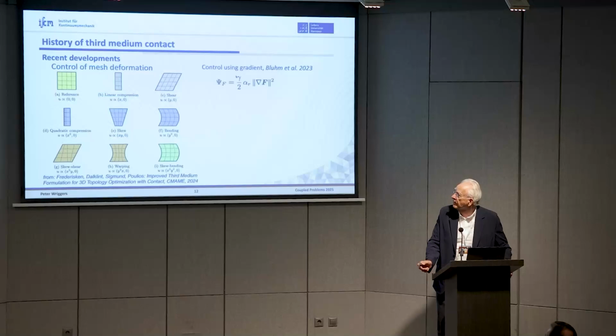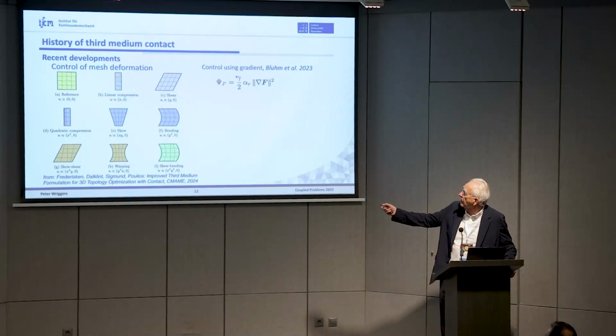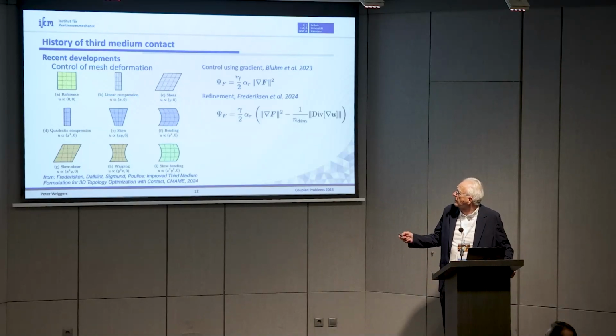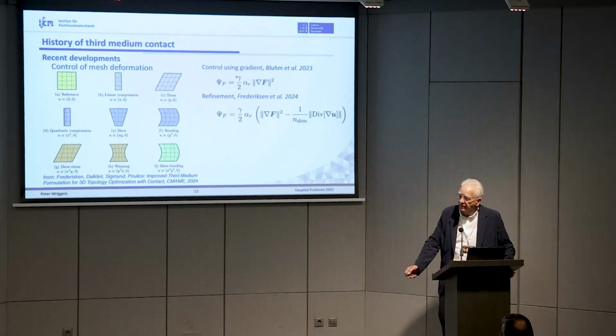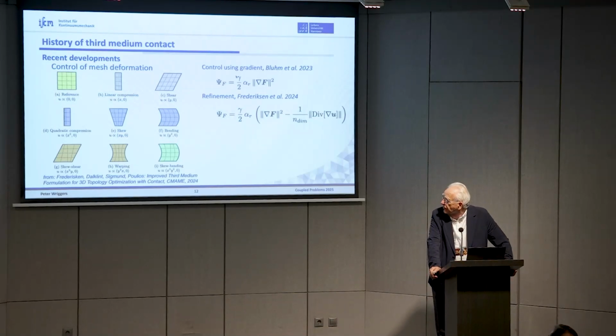How can you do this? A very simple way is to add a term which is a gradient of F squared as a regularization function. Or you do it a little bit more refined, you take something away from that, which also works.